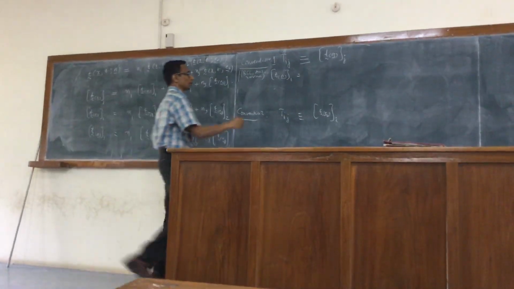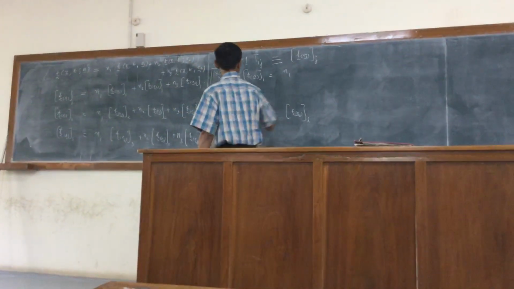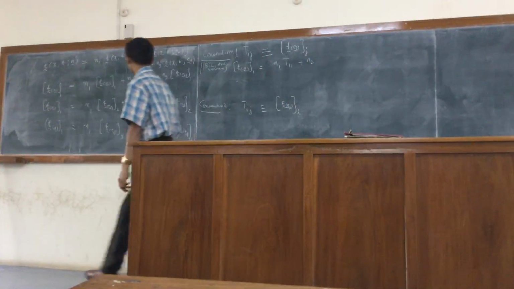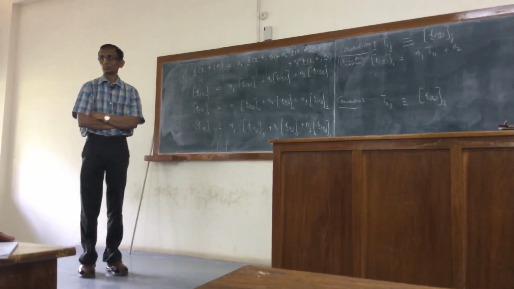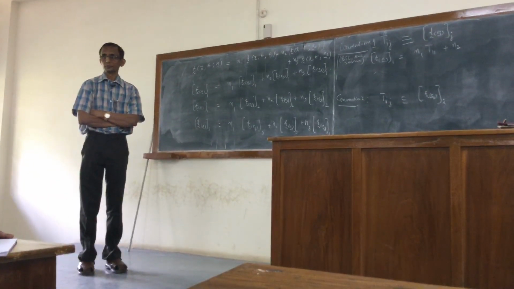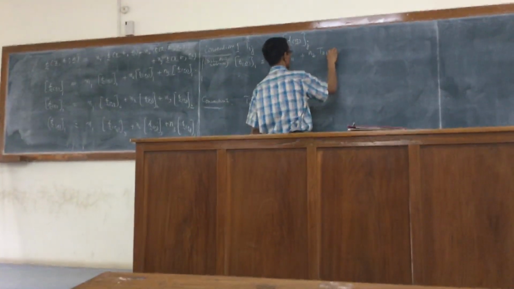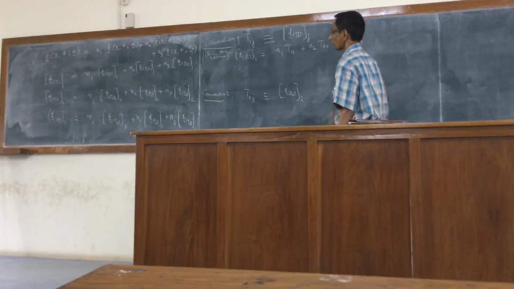It would be N1. Of course, the first one is very easy to write, because it would be T11. N2. Is it T21 or T12? T21, right? T21 plus N3, T31.